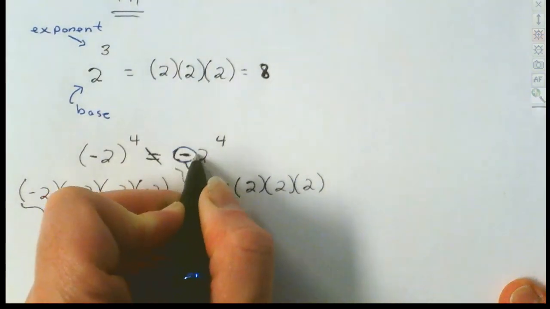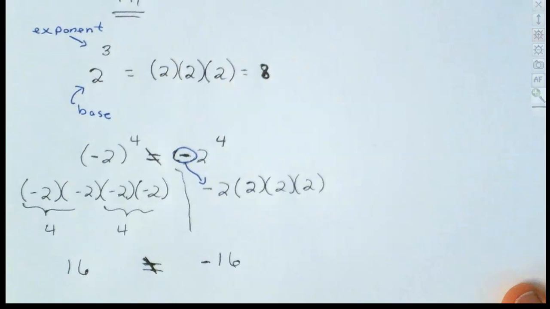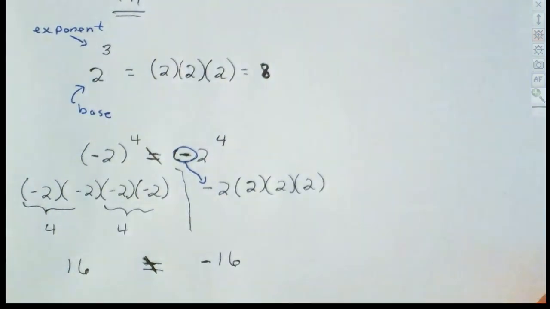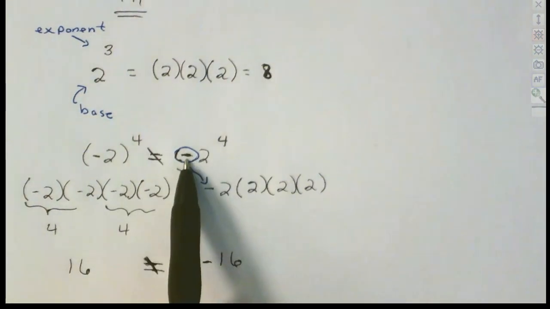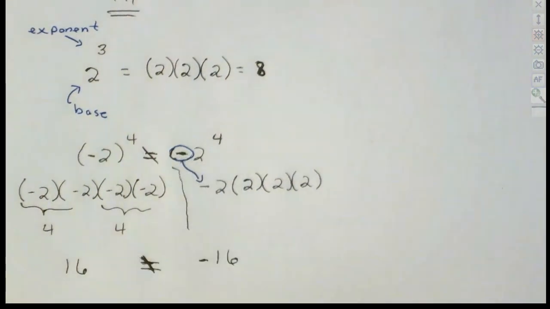If the negative is out in front, it just falls down with it. And the reason for that is order of operations. Order of operations says that we do the parentheses first. So that's why we write it out like this. If there's a negative out in front, that's just multiplication, and it comes down at the end.